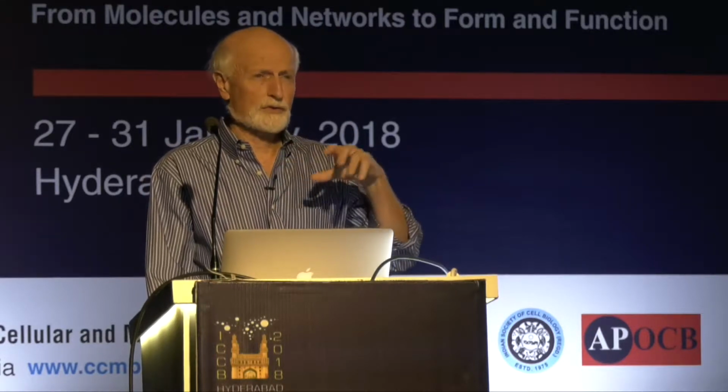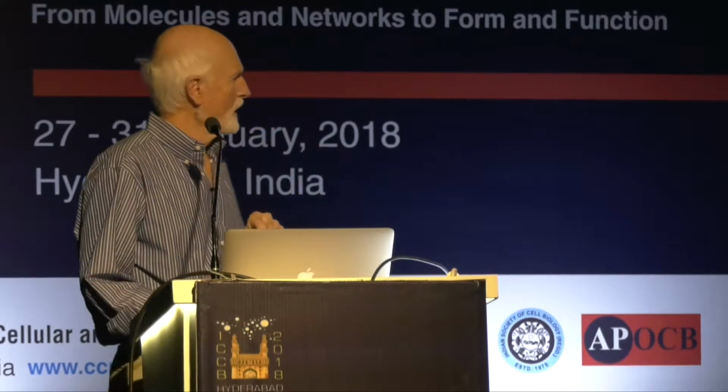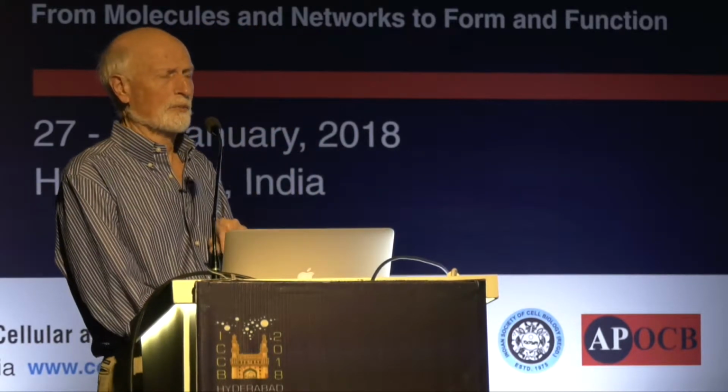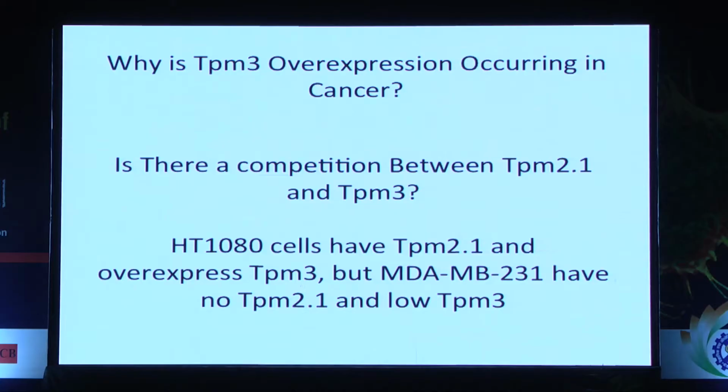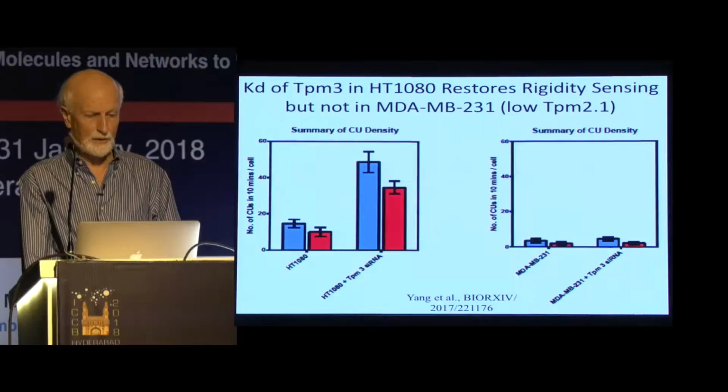The question that this all begs is whether or not the tropomyosin 3 is involved in this process, because the HT1080s have 2.1, but they overexpress 3. Conversely, MDA-MB-231s have no tropomyosin 2.1, and they have a low tropomyosin 3, but still significant amounts.